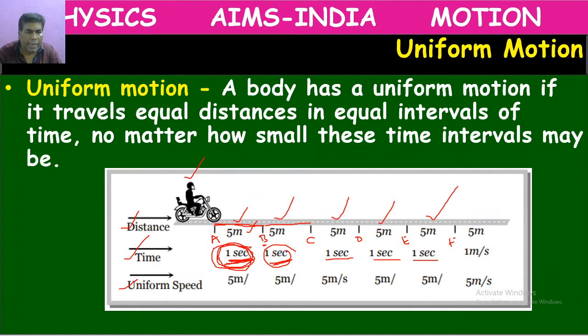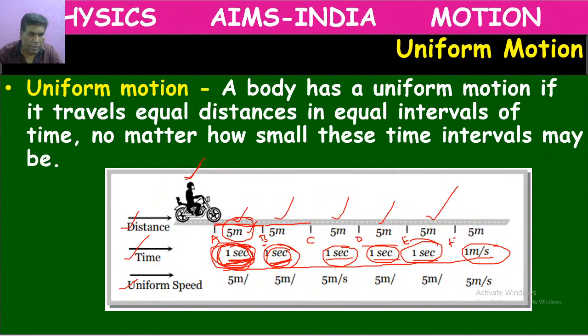Here all the time intervals are equal. So how is the bike moving? In equal intervals of time, it travels equal distance. In 1 second 5 meters, 1 second 5 meters, 1 second 5 meters.